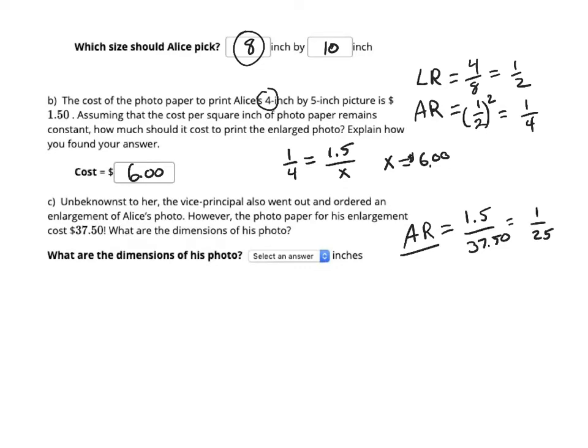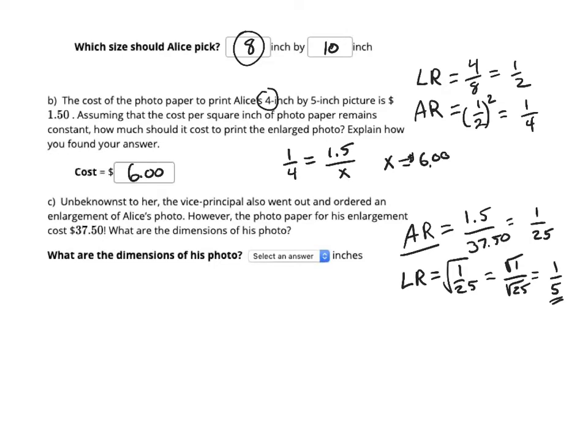That means to find the linear ratio, I need to take 1 over 25 and do the square root of that. That's going to be the square root of 1 over the square root of 25, which is 1 over 5. So my linear ratio is 1 over 5. In other words, the large photo, the new enlargement, is 5 times the size of the original.